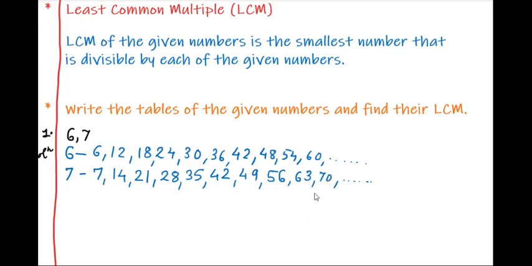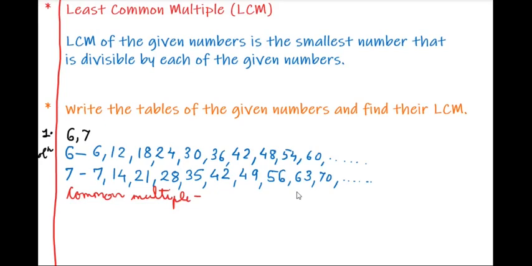After writing 7's table, what are we going to do, students? We are going to find the common multiple. Yes, whatever we have written, these are the multiples. From these multiples, we are going to find out the common multiple. And common multiple, whatever we are going to search, that one should be smaller because it is least common multiple. So 6 is not common, 14 is not common, no 18, nothing from here.